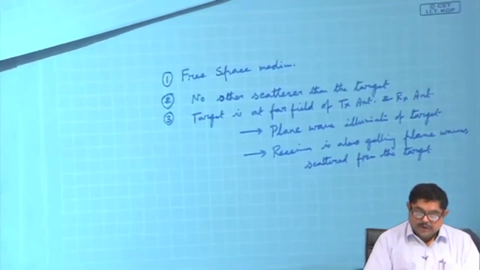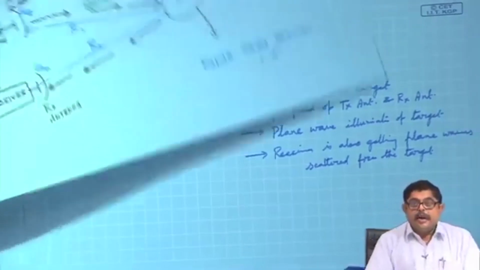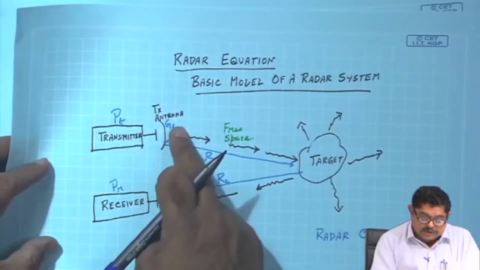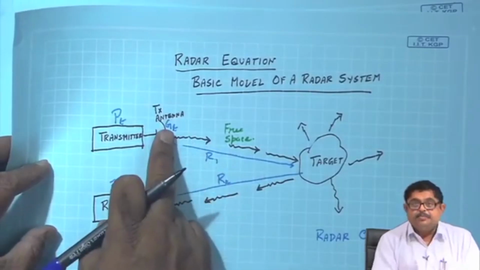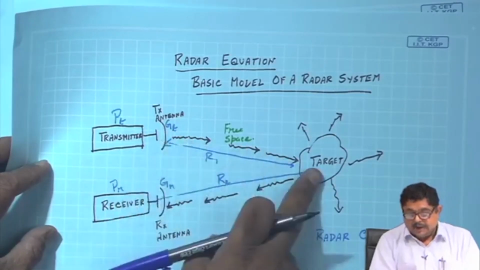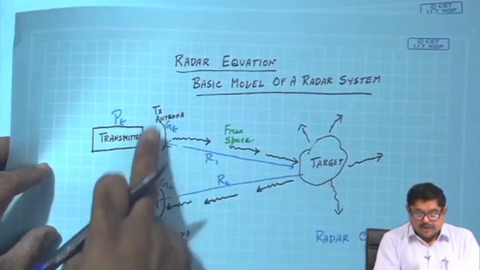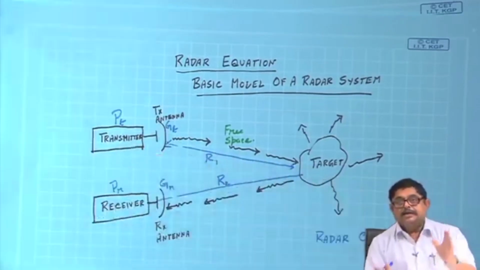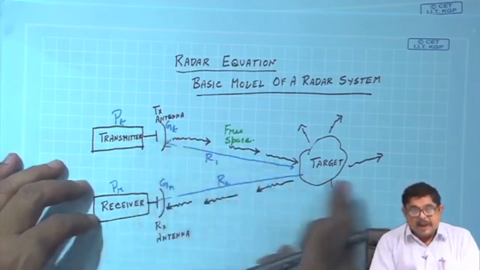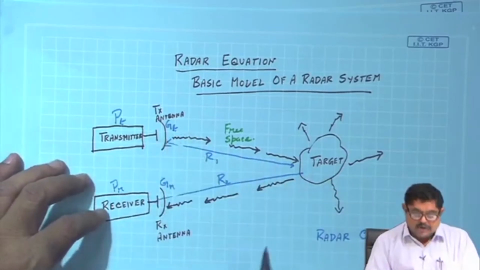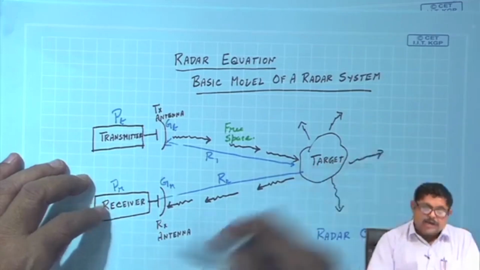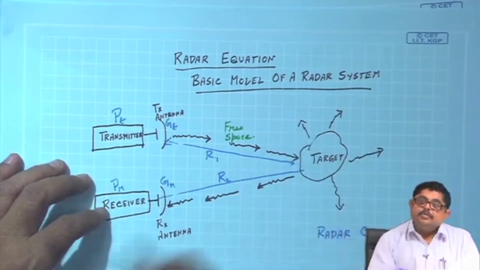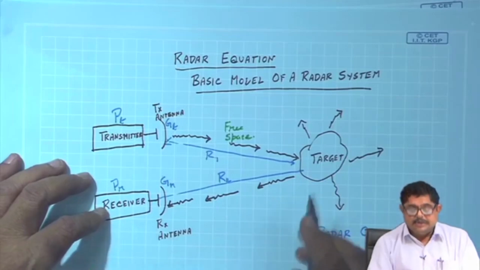So, with these assumptions and this GT and GR, they show the spatial gain in this direction. That means, between this transmitter and target there is an angular direction. So, in that direction the gain function is GT, and similarly the target and receiver are at a particular orientation from the reference direction.